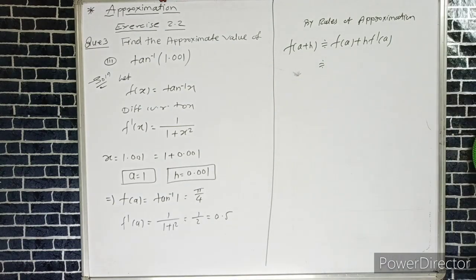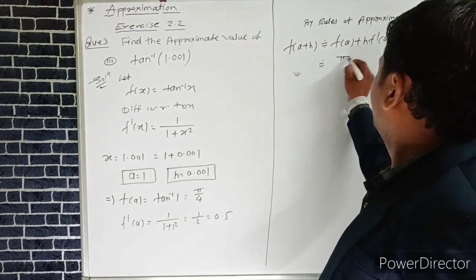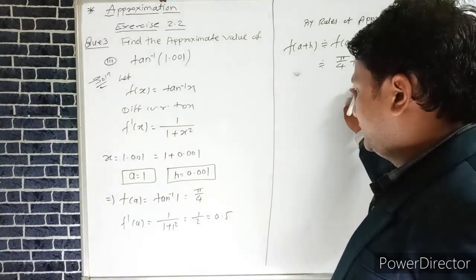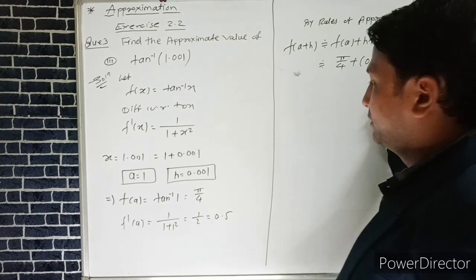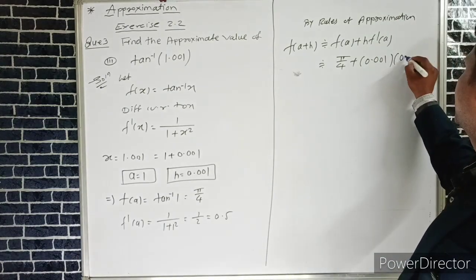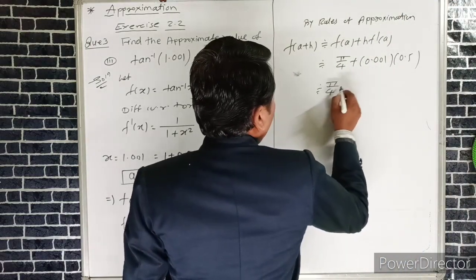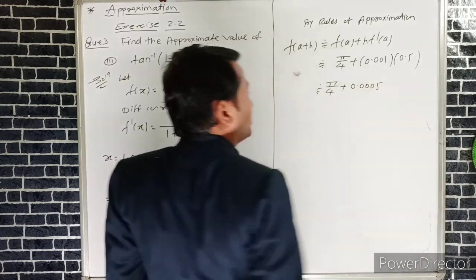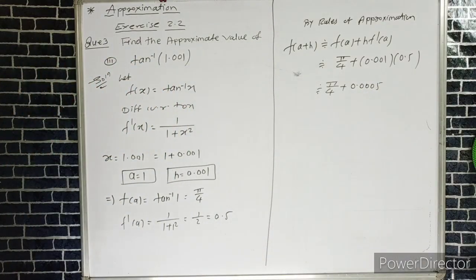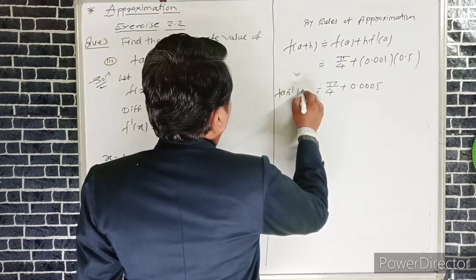The value of f of a is pi by 4, h is 0.001, and f dash of a is 0.5. So we can write this as pi by 4 plus 0.0005, which is the approximate value of tan inverse of 1.001 in form of pi.